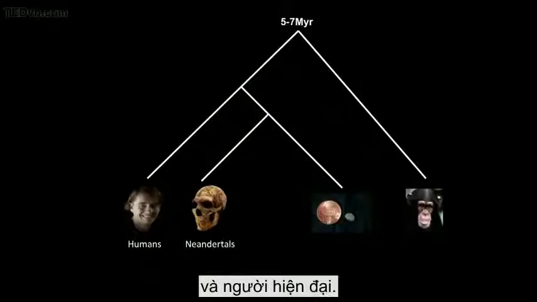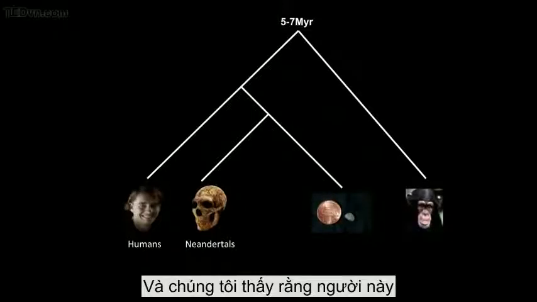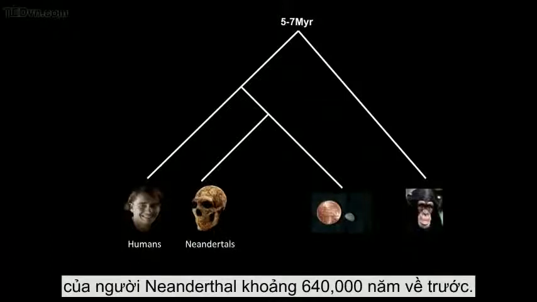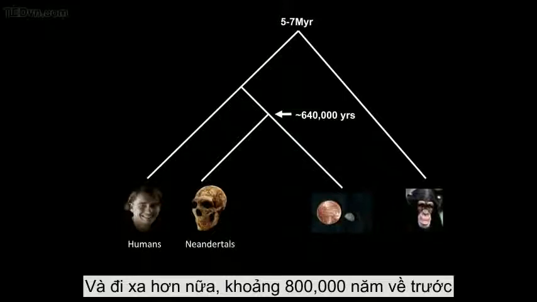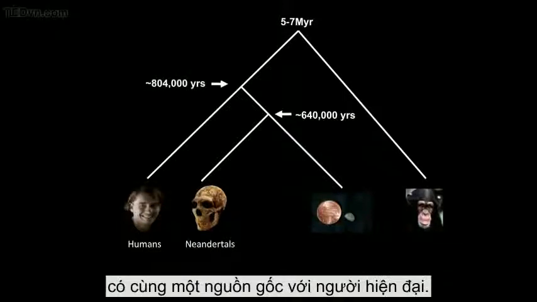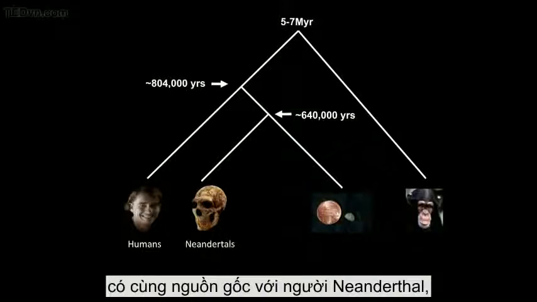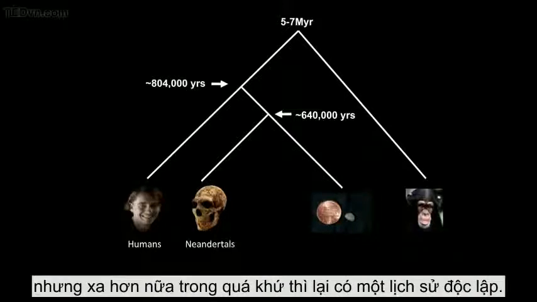And we found that this individual shared a common origin for his DNA sequences with Neanderthals around 640,000 years ago. And further back, 800,000 years ago, is there a common origin with present-day humans. So this individual comes from a population that shares an origin with Neanderthals, but far back, and then had a long independent history.